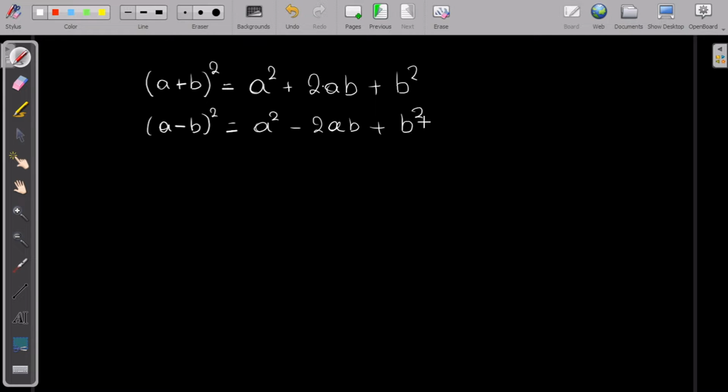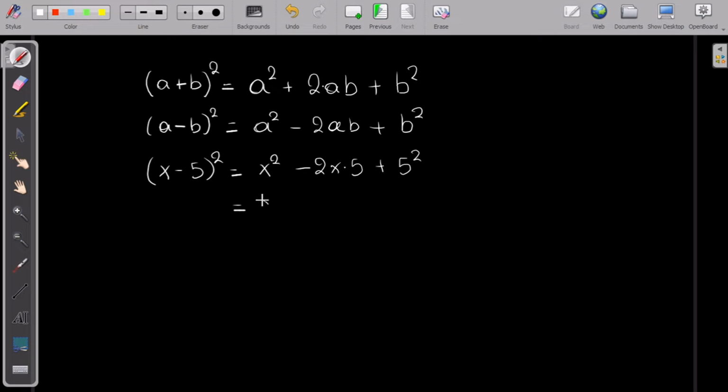So, for example, if I have to expand this perfect square, (x minus 5) to the power of 2 is equal to a square, so x square, minus 2 times a times b, plus b square.